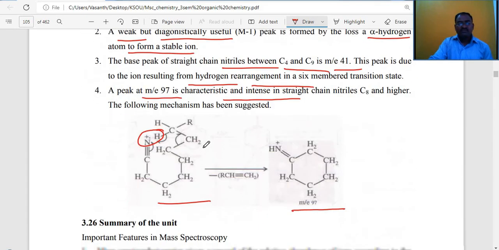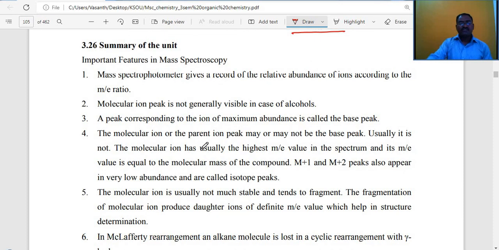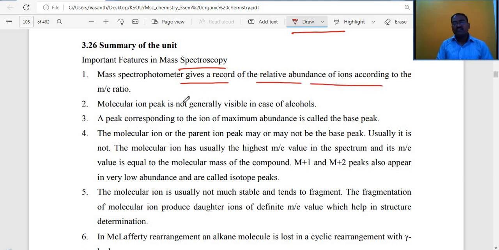Okay. Finally, to summarize this unit, the important features of mass spectroscopy are: the mass spectrometer gives a record of the relative abundance of ions according to the m/e ratio. The molecular ion peak is not generally visible in the case of alcohols. The peak corresponding to the ions of maximum abundance is called the base peak.